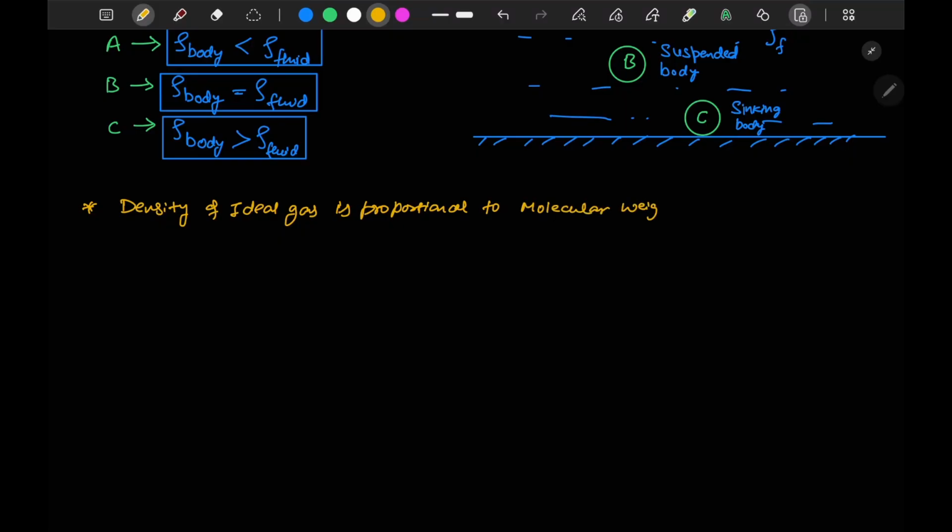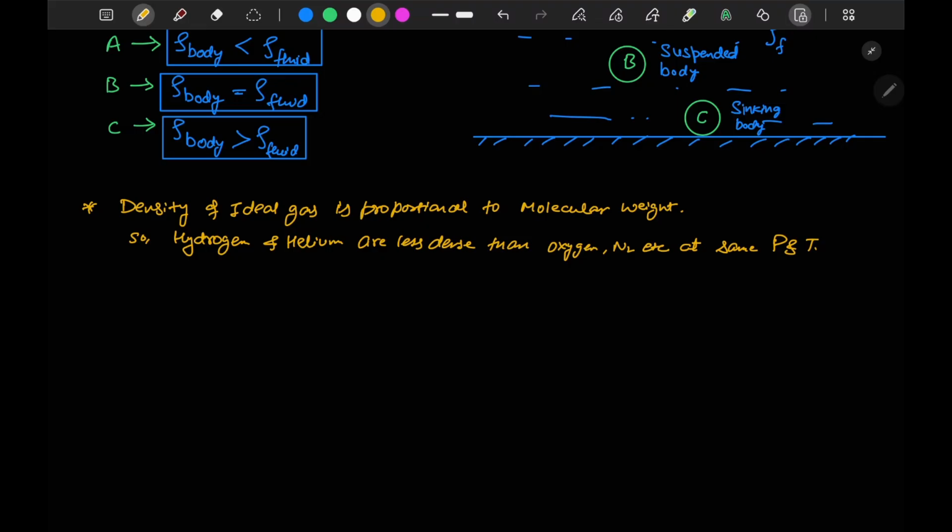So hydrogen and helium are less dense than oxygen, nitrogen, or other gases at the same pressure and temperature. Okay, so this is the reason.